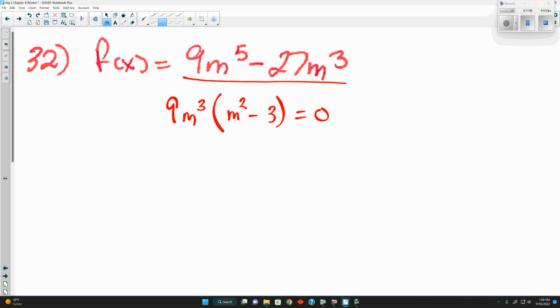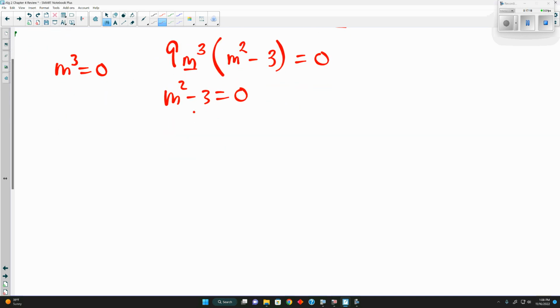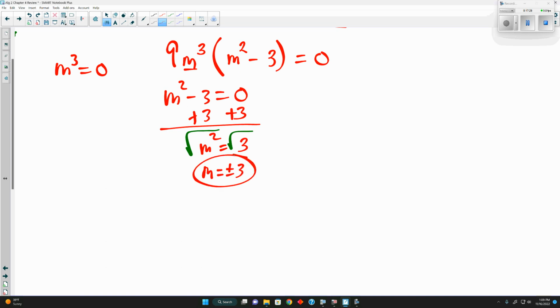Here I've got 3 things multiplied together to equal 0, so we have m to the third is equal to 0, and I also have m squared minus 3 equals 0, so m squared is equal to 3, and m is equal to plus or minus square root of 3.